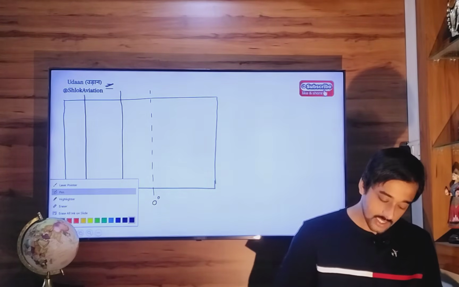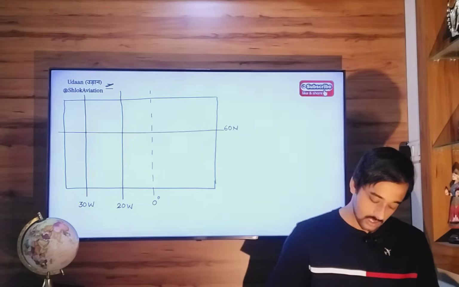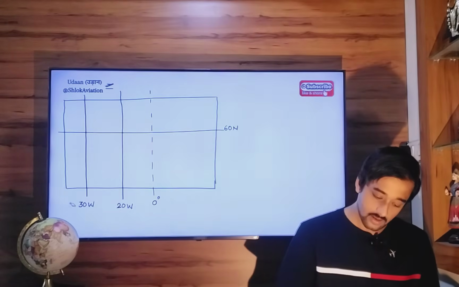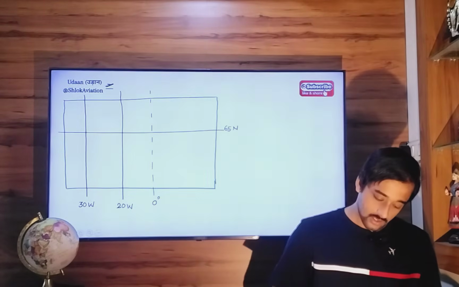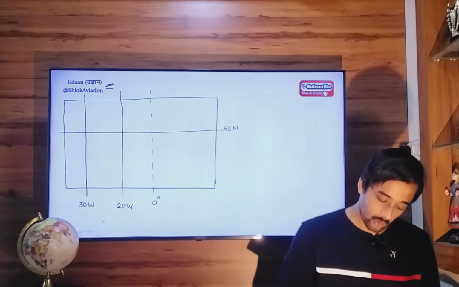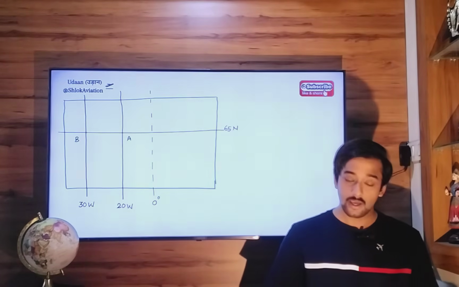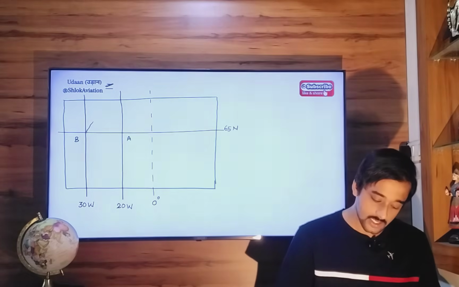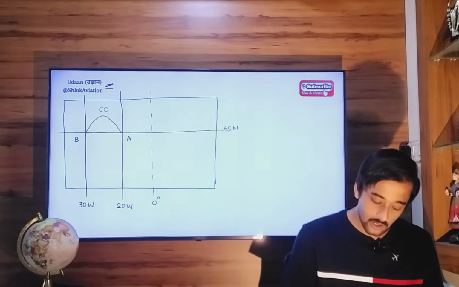And both are located at the same latitude, 65° north. This is 65 north, 20 west, point A. This is point B. Now we are in the northern hemisphere, so the great circle track will pass through the nearest north pole like this. So this will be your great circle track. This will be your rhumb line track.